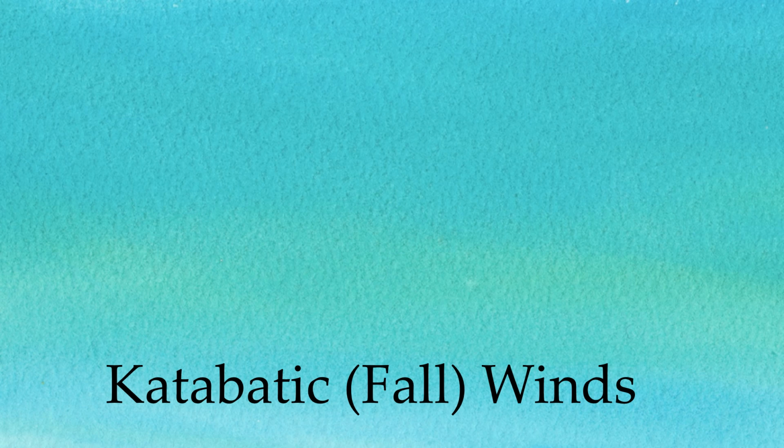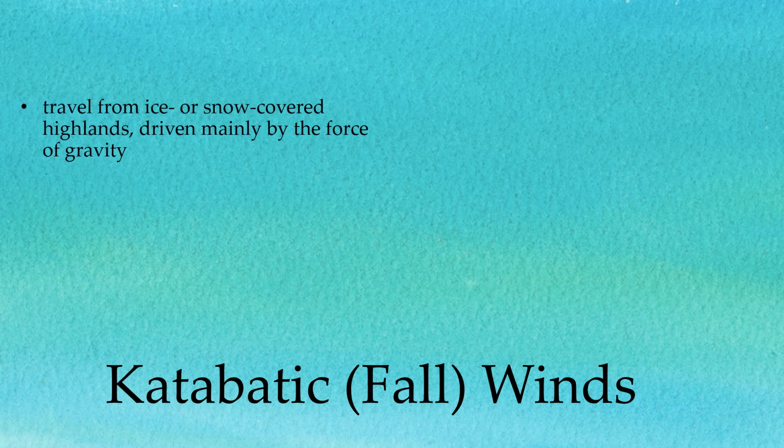What we call the katabatic, or the fall winds. These katabatic or fall winds are the winds that travel from ice or snow-covered highlands, driven mainly by the force of gravity. Gravity causes the cold air to cascade over the rim of a highland like a waterfall.